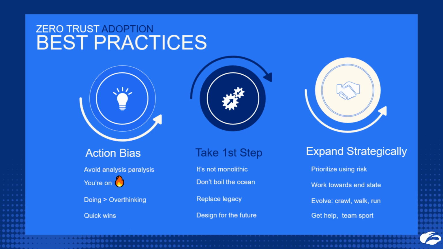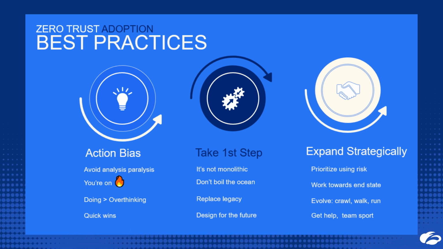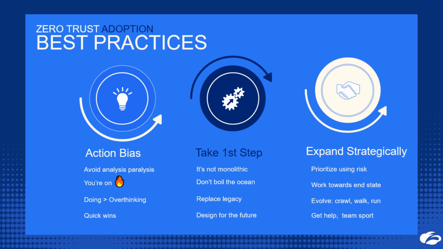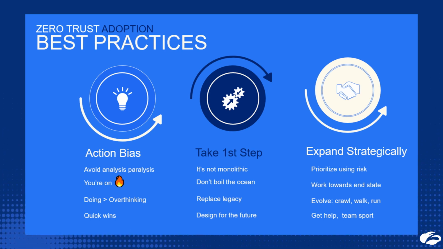What does your end state look like? If you don't know that, how can you start building a solution that ultimately is synergistic with that particular end state? And then just focusing on the crawl, walk, run piece of this is just recognizing, as Lisa mentioned, you don't have to boil the ocean. Start small, continue to build momentum, continue to build confidence.